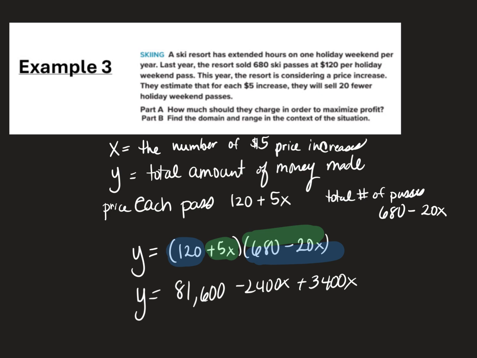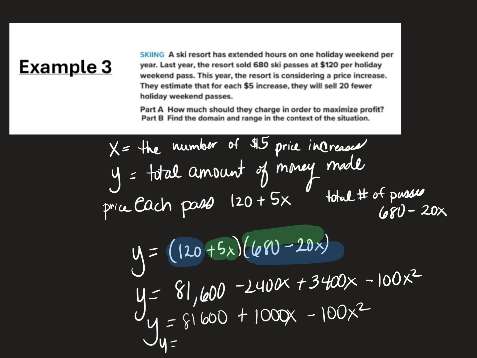And 5X times negative 20X is negative 100X squared. And then I'll combine my like terms. Y equals 81,600 plus 1,000X minus 100X squared. And I really should put that in descending order.